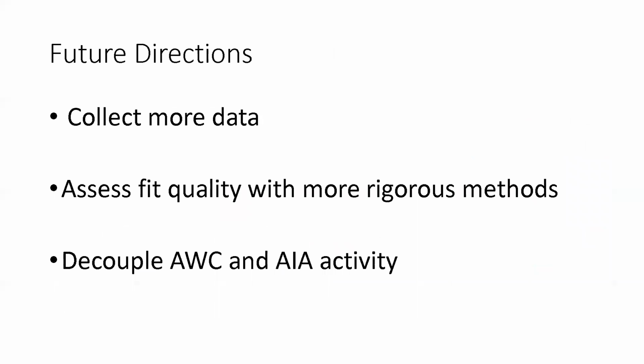We also want to make sure that when we're providing odor or light inputs, we're not activating AWC and AIA both during any of these experimental paradigms. So to do this, we're going to try to decouple the activity of the 2 neurons. We're trying to use mutants of these worms in which AWC or AIA are permanently deactivated and see how this impacts the model.